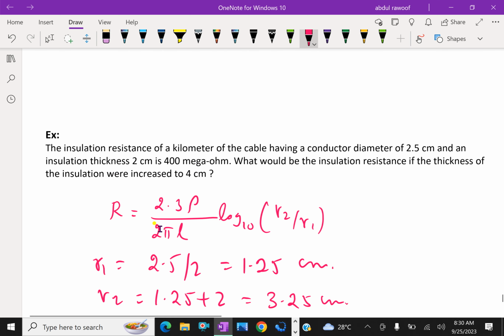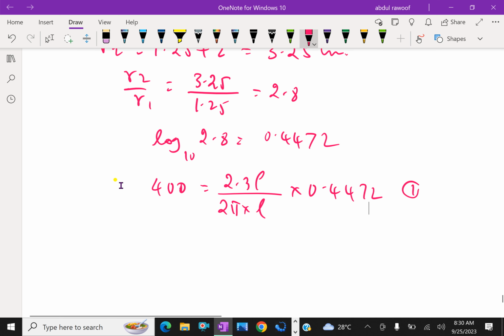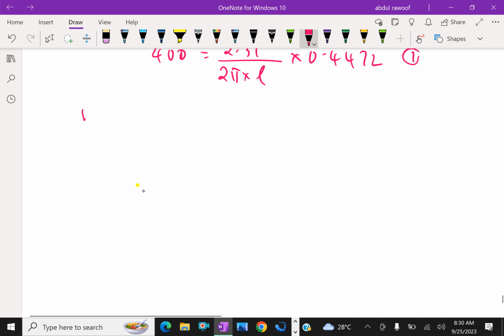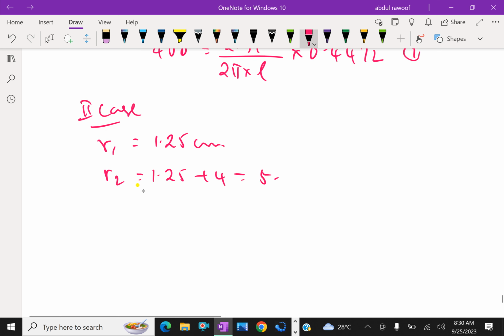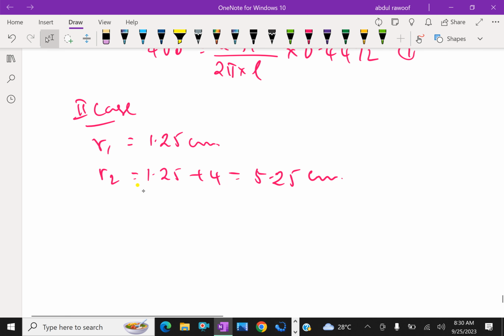Next, what would be the insulation resistance if the thickness of the insulation were increased to 4 centimeter? In the second case, R1 is 1.25 centimeter and R2 is 1.25 plus 4, equal to 5.25 centimeter.